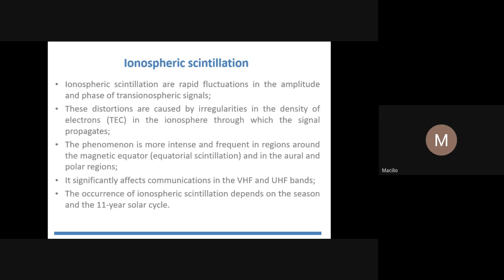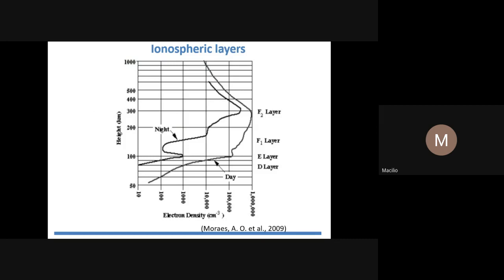Okay. Well, to start the discussion, I will show here the ionospheric layers. In fact, the ionosphere starts at about 50 kilometers and goes up to about 1,000 kilometers. Then it is classified into several layers.